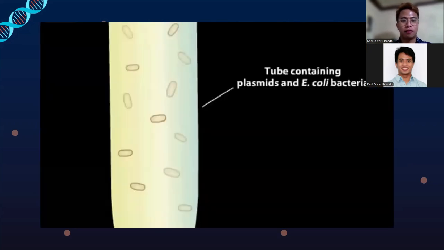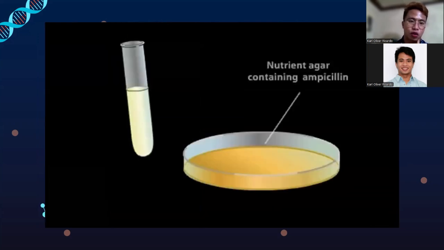So, ito na po yung tube natin, for example, containing the plasmids and E. coli bacteria. So, kailangan po natin silang i-grow. So, yung pag-grow natin nito is we need actually a nutrient agar containing the ampicillin. Okay. Take note sa part na to is kailangan din natin na yung gagamitin natin is resistant siya to antibiotics.